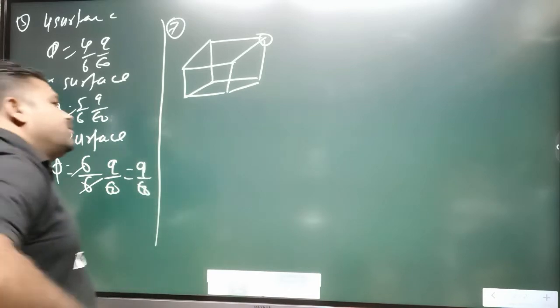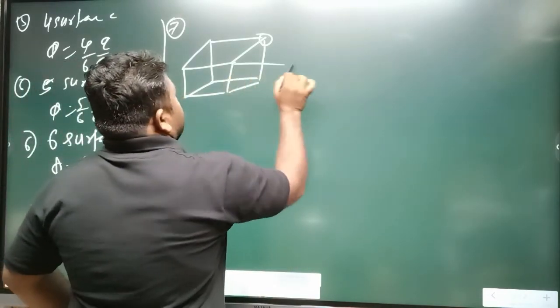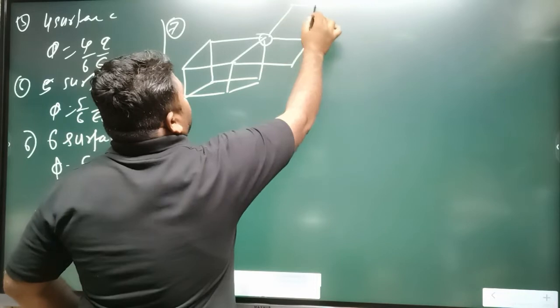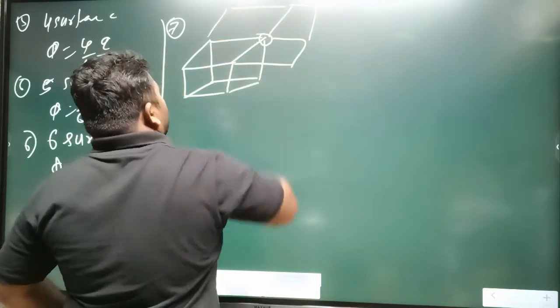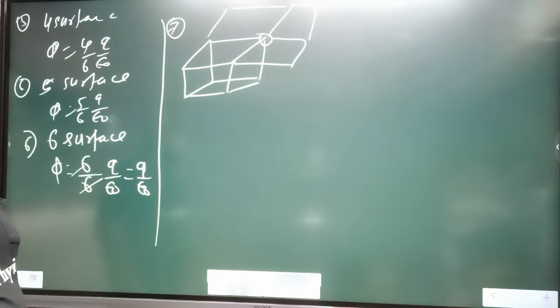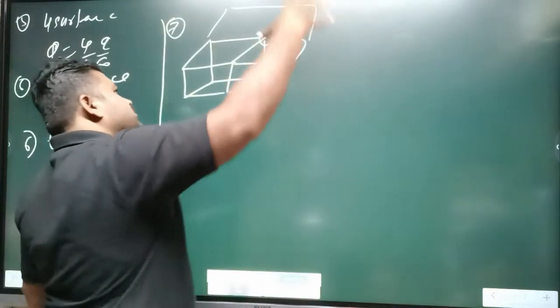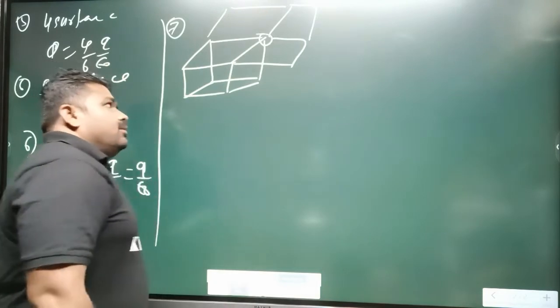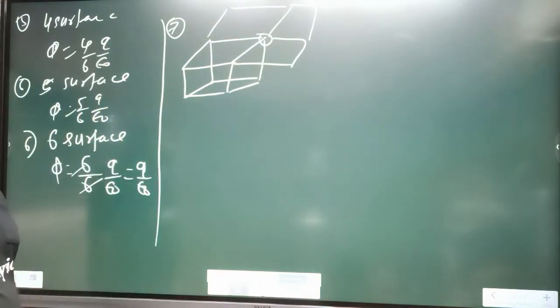8 cubes. Okay, first one, second, third, fourth. Okay, fourth. जर 4 क्यूब असतील आपल्याकडे तर या 4 क्यूब मध्ये किती चार्ज इन्क्लोज होईल? Half charge. Okay, and again we can place 4 cubes here. Then 100% charge will be enclosed. Yes or no?